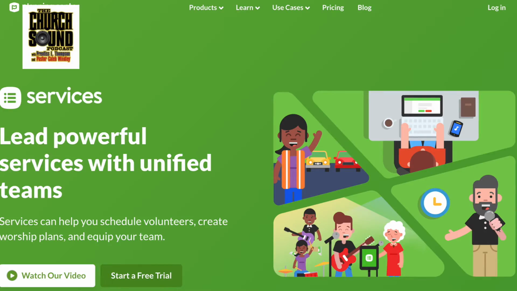Because now people know exactly what's happening before they get to church or before they get to rehearsal, and they're able to be prepared for rehearsal. And that's the key: be prepared for rehearsal. So if I had to pick, there's a lot of them out there, but the one I would look at is Planning Center. There's a link there, you'll see it.